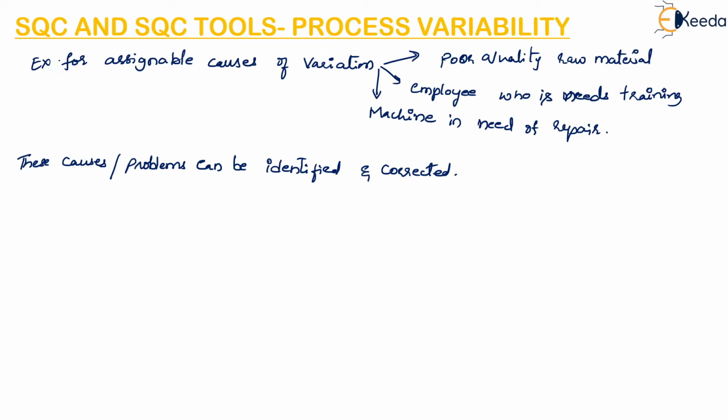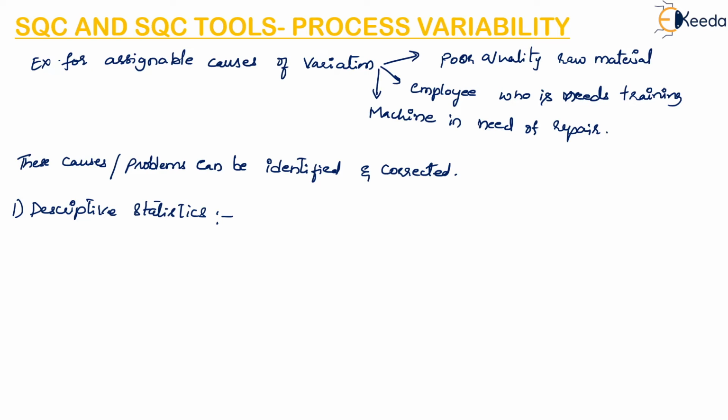So we will get into the tools of SQC, the statistical quality control tools. We have already discussed the different categories of SQC. The first one was descriptive statistics. As we discussed, descriptive statistics describe certain characteristics of a product and a process.